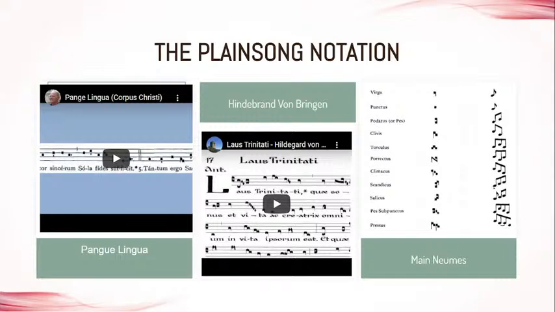There is a book that is like 1,000 years old, more or less, or at least 800. It's called the Liber Usualis, which is the usual book. Liber, libro; usualis, usual. It's a collection of a lot of chants.